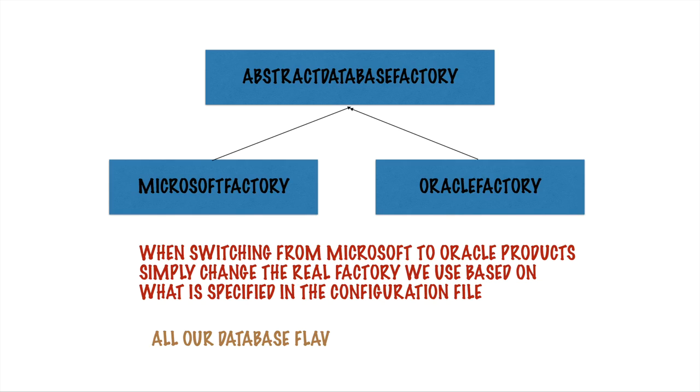And provided everything has been set up correctly, all our database flavors should work as it did before. So the pre-switchover and the post-switchover states should ideally not be affected. Thus, the abstract factory pattern is useful to create families of products while abstracting away the creation and implementation details from the user.